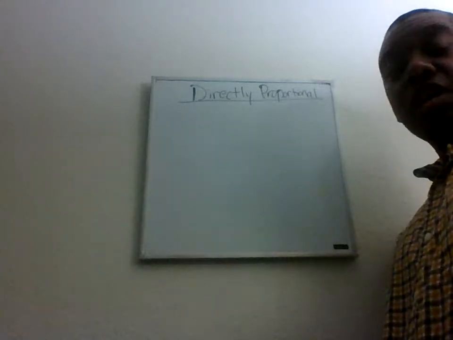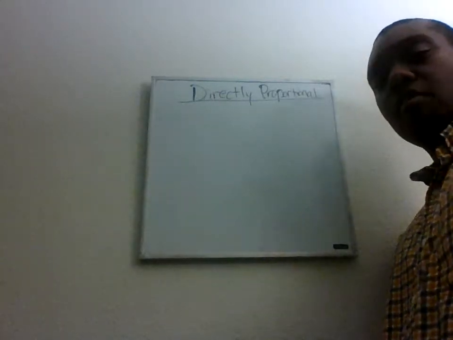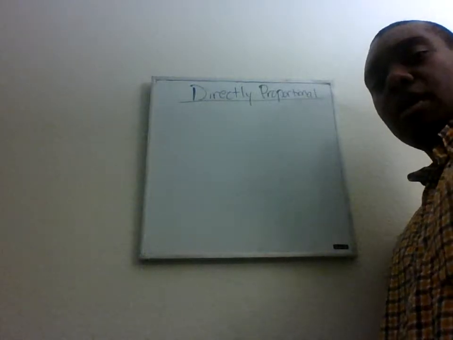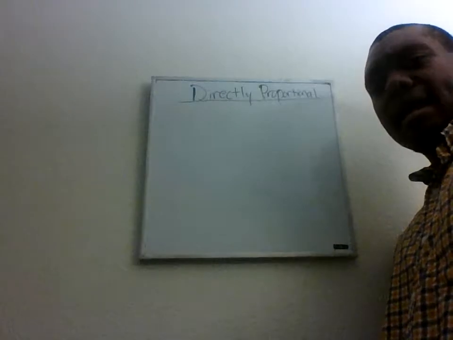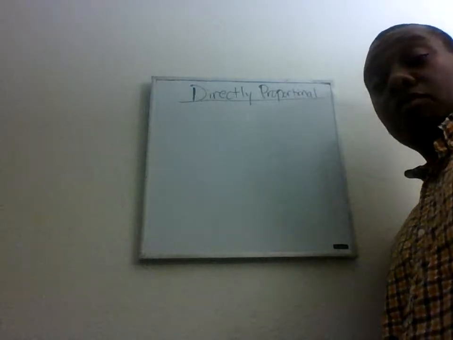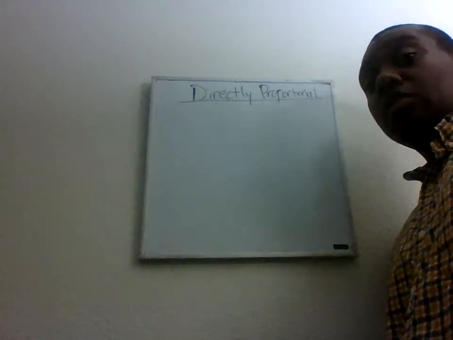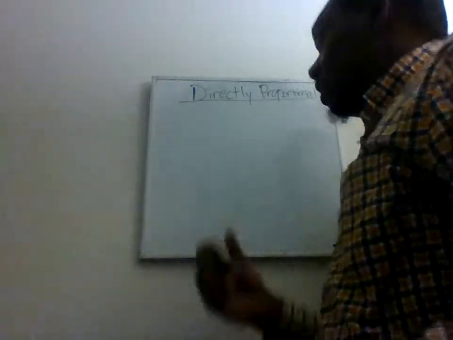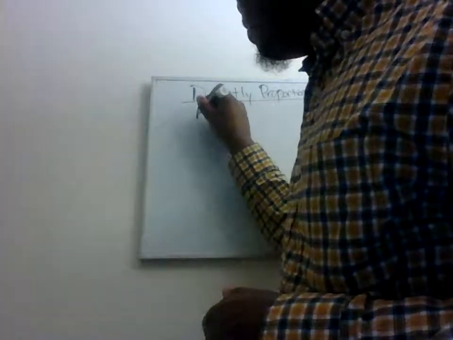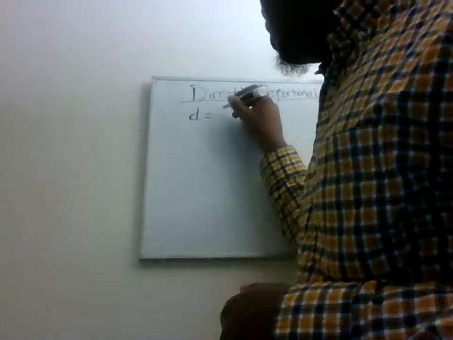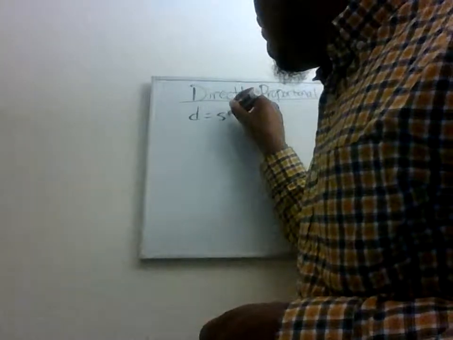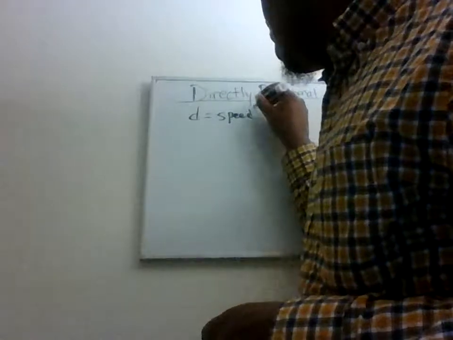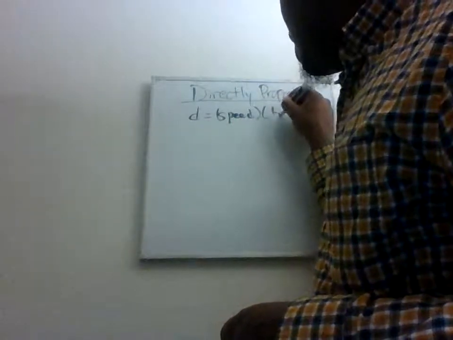So generally when I'm trying to think of examples so that I can help remember things that are directly proportional, I think of equations in my head that I know for certain. For instance, did you know that a distance traveled equals your speed times the amount of time?